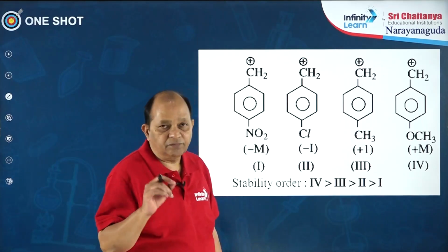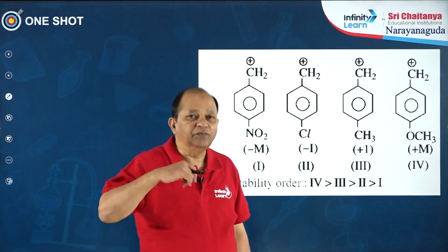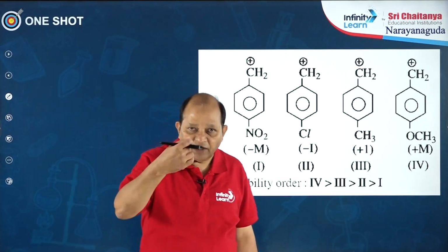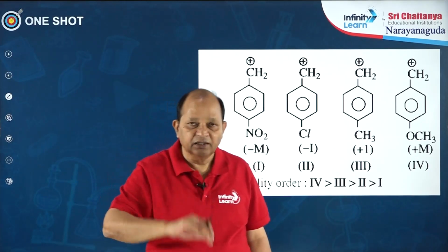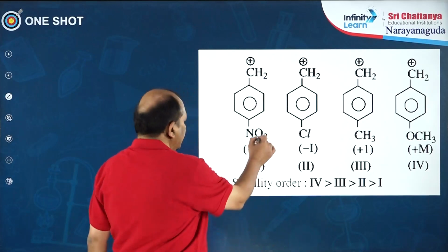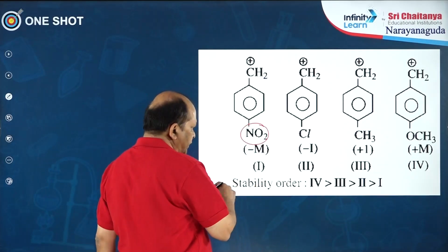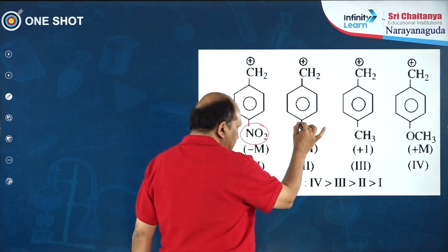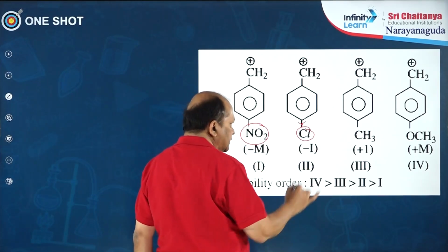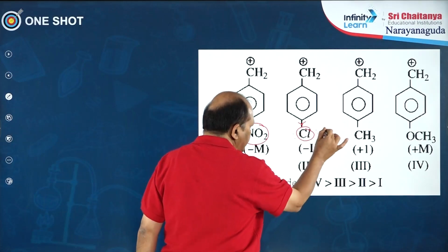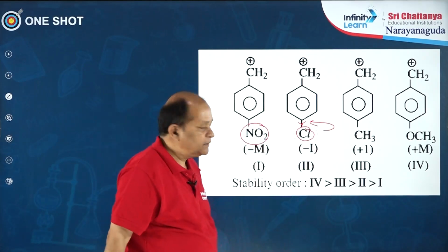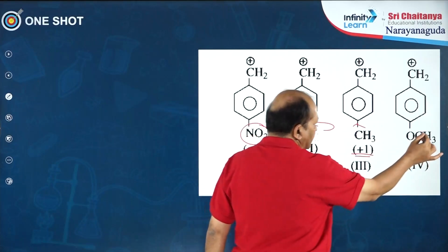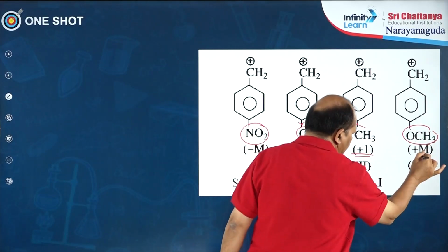The next one is again regarding benzyl carbocation stability. Such groups which can quench the positive charge will stabilize the carbocation, and those which withdraw electrons will not stabilize it. Now, you see here the nitro group is electron withdrawing; the chlorine atom is electron withdrawing due to the inductive effect, but also electron donating due to the mesomeric effect; methyl groups donate due to the plus I effect, and methoxy due to the plus M effect.